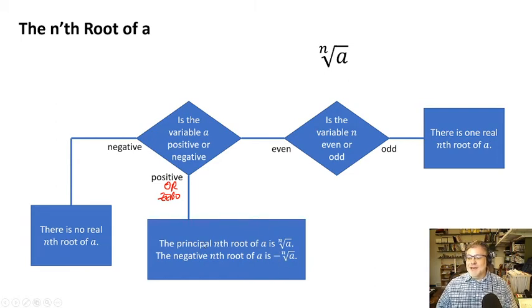So we have this duality. This is what we were talking about beforehand, where the principal square root of 25 was equal to 5, but the negative square root of 25 is equal to -5. So when the root is even, it's possible to have either two solutions or no solutions.